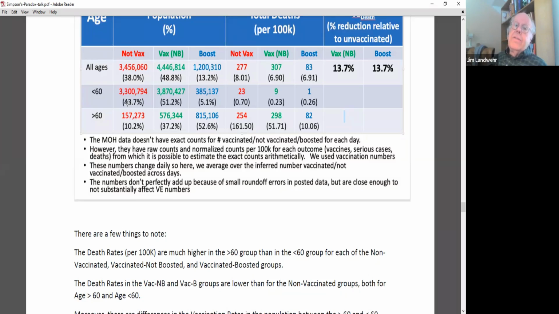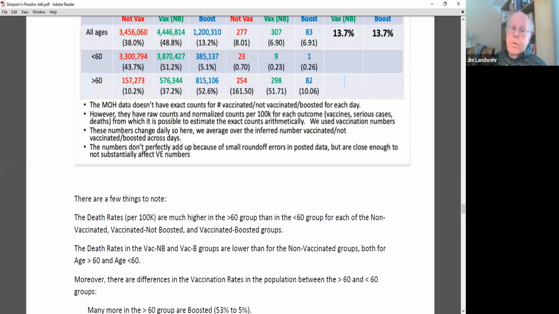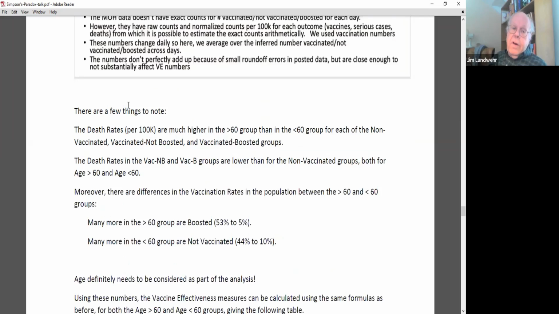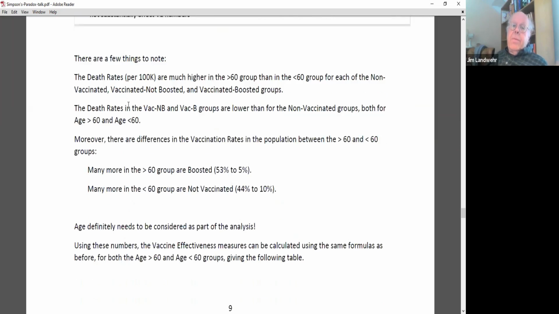So there's also a difference in the vaccination status of the two groups here. So I've written that down. The point of this is that age definitely seems to be related to both X and Y in this case, so we need to have age in some way in the analysis.